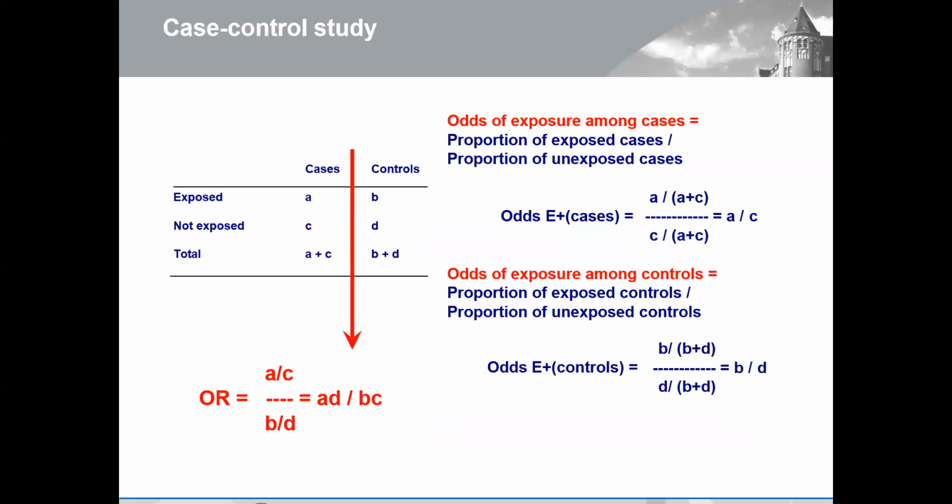So in case control studies, since we are unable to calculate incidence, the measure of association we use is the odds ratio. And how do we calculate our odds?